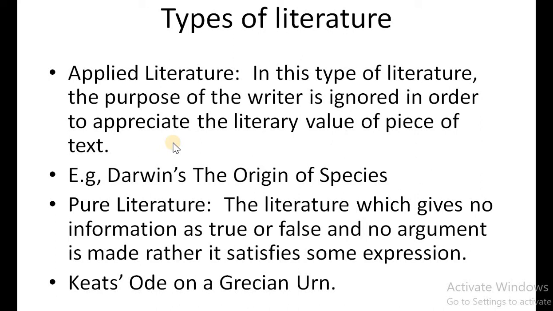Literary value means written for the sake of getting some benefit out of it, having some utilitarian purpose that will benefit the people. That kind of literature is called applied literature. For example, Darwin's The Origin of Species.